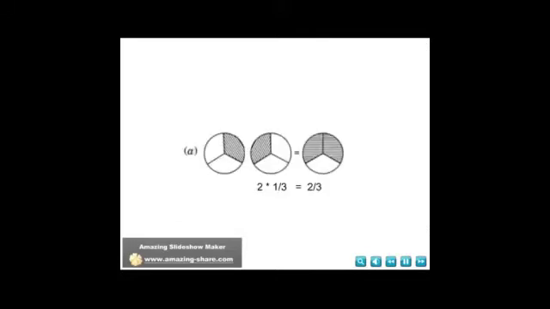Second subdivision, 2 into 1 by 3 is equal to 2 by 3, represents figure A. So this is the diagram of subdivision A. In the left hand side we are given 2 circles and in the right hand side we are given only 1 circle.